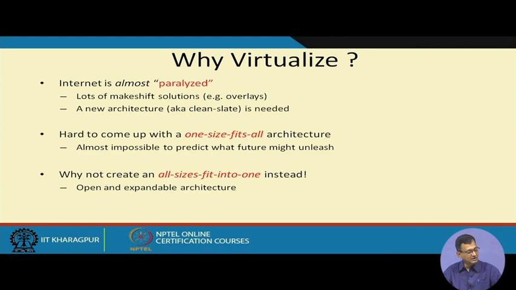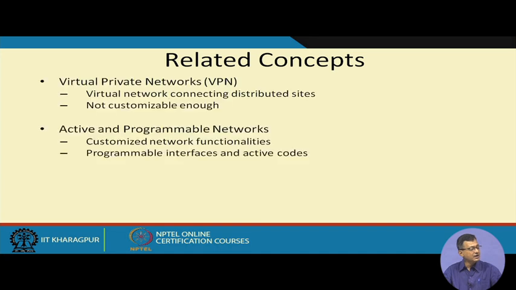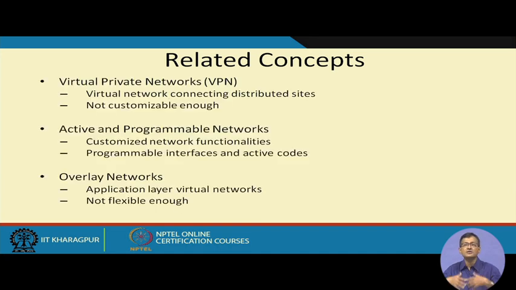That is what we want to do. It also gives a test bed for the future. For any futuristic work on network protocols, we require a test bed, and putting up a whole networking infrastructure may be a challenge. So I can have a virtualized network.